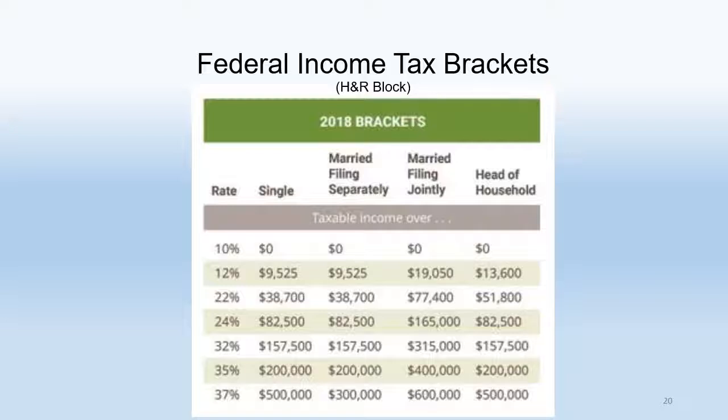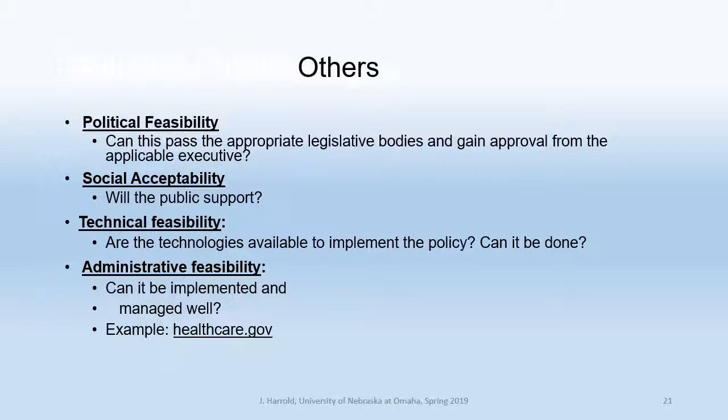So it's not as if the person who earns $200,000 is paying 35% on all their income. They're only paying 35% on the part of it that's between $157,500 and $200,000, right? So you all know that, but the point is that it is an attempt to apply equity to income tax. There are others on that chart, right?